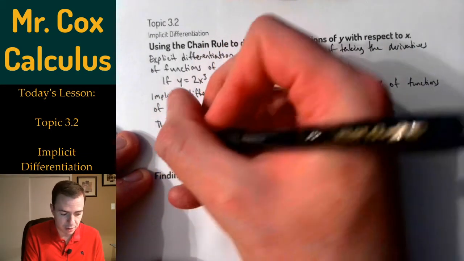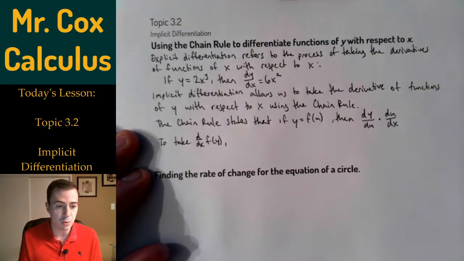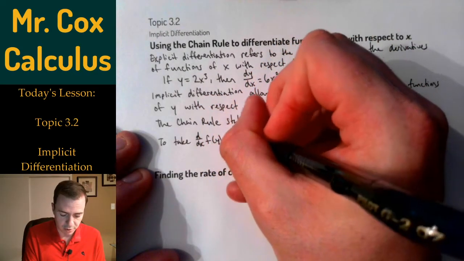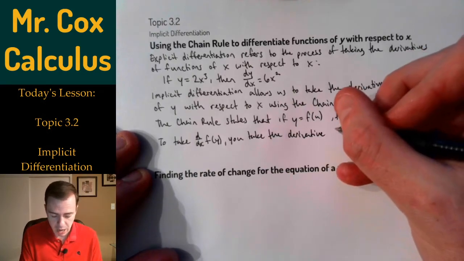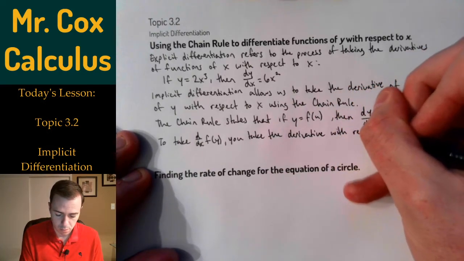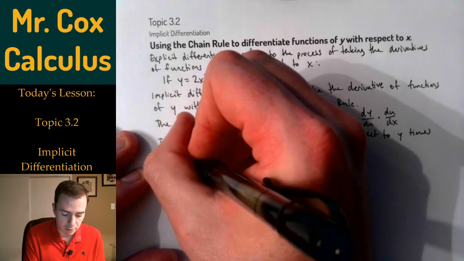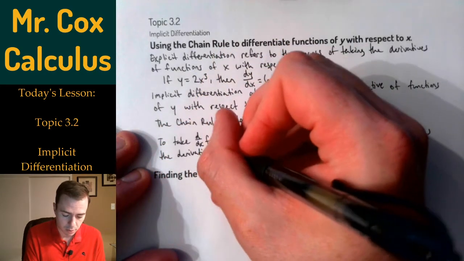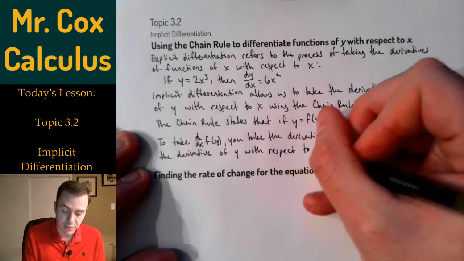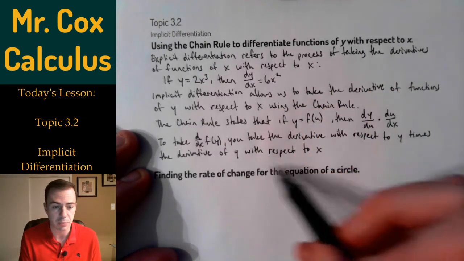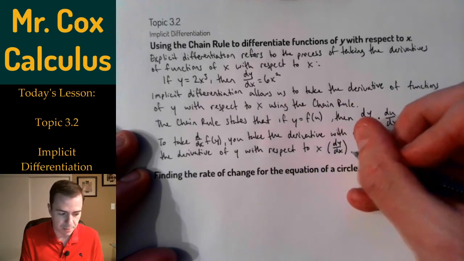To take the derivative with respect to x of a function of y, what the chain rule says we do is we will take the derivative with respect to y times the derivative of y with respect to x, which we already have notation for. That's what we refer to as dy over dx.